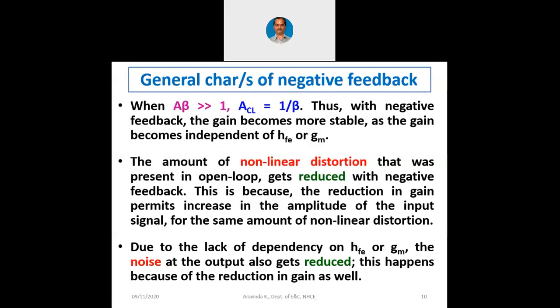Now, the reverse bias junction will have a capacitance, and even the forward bias junction will have a capacitance, because you know that between a PN junction there is always a depletion region. In the reverse bias junction, the capacitance is larger because of the expansion of the depletion layer. So, wherever there are junctions, there are these issues.